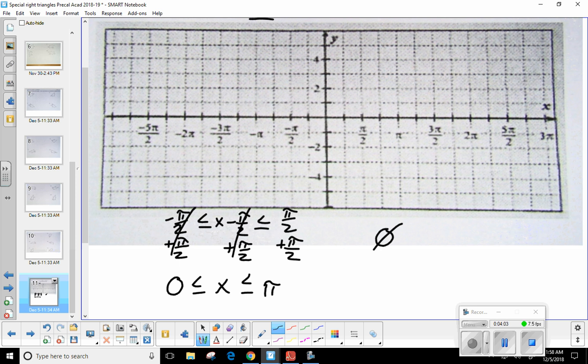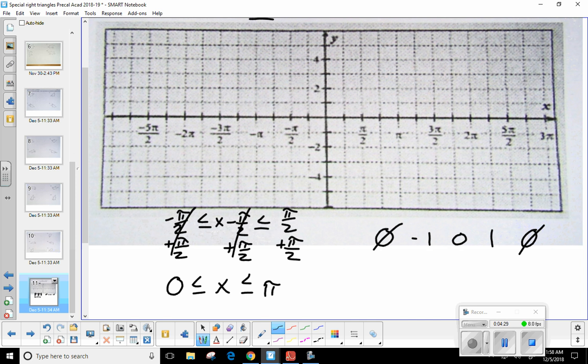It's either going to be negative 1, 0, 1, or 1, 0, negative 1. If you're graphing tangent, it's got to be negative 1, 0, 1. If you're graphing cotangent, then it would be 1, 0, negative 1. And I'm still going to end it with an asymptote.